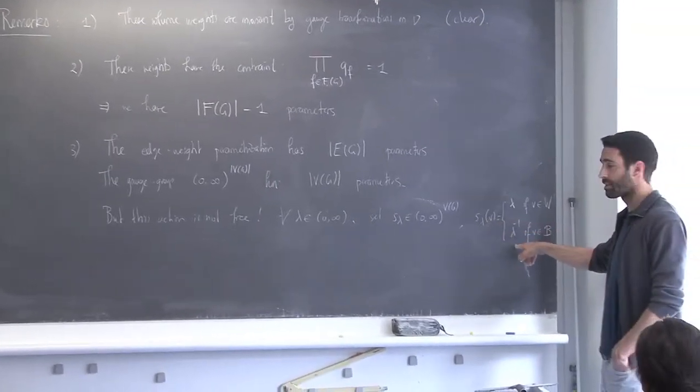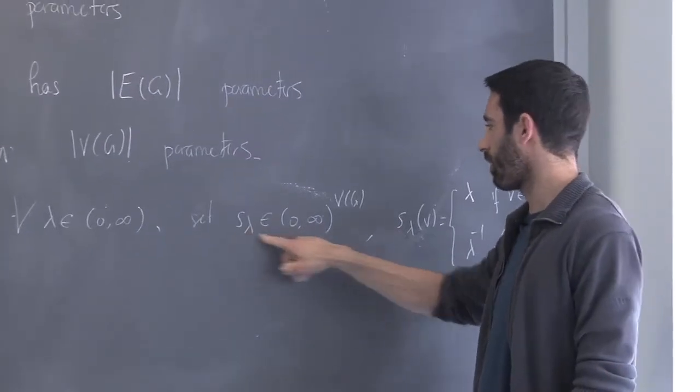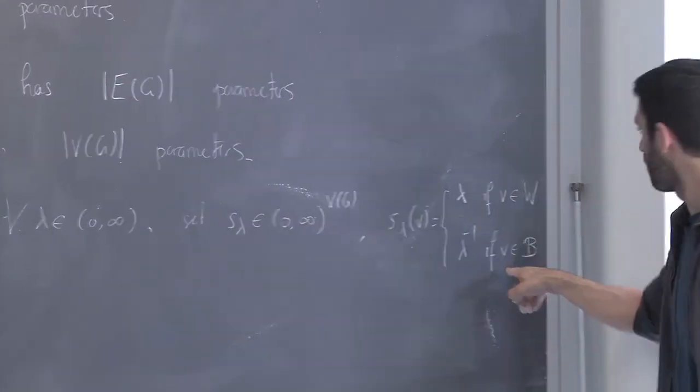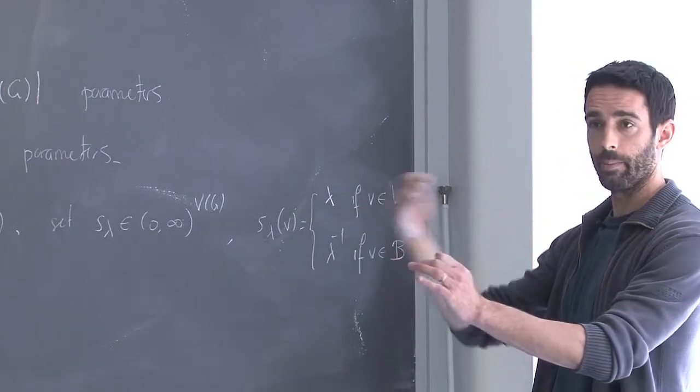Do you agree that this one parameter family of elements in this group will act as the identity, right? Each time you have an edge, you multiply by lambda and by lambda inverse.